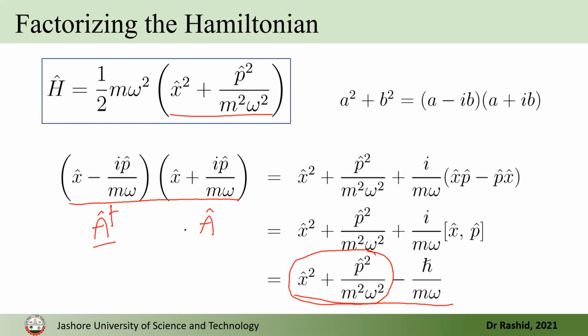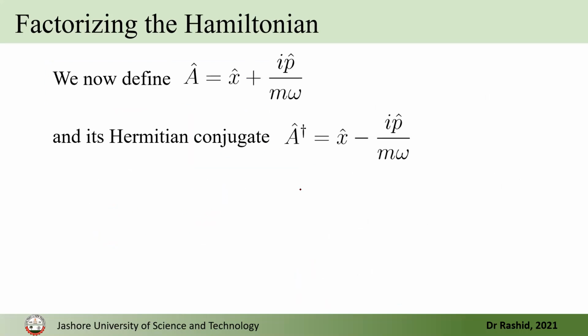This is the Hermitian conjugate or complex conjugate of this term. But a hat is not Hermitian, because a hat is not equal to a hat dagger. They are not Hermitian, but this is the conjugate of this term.